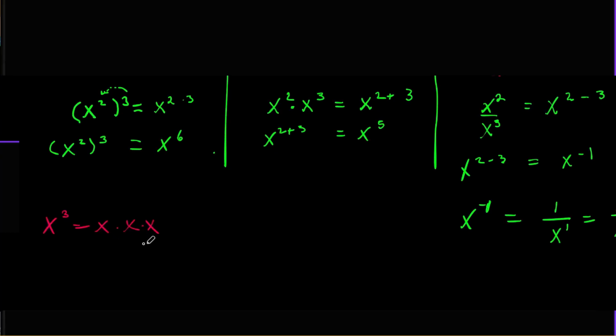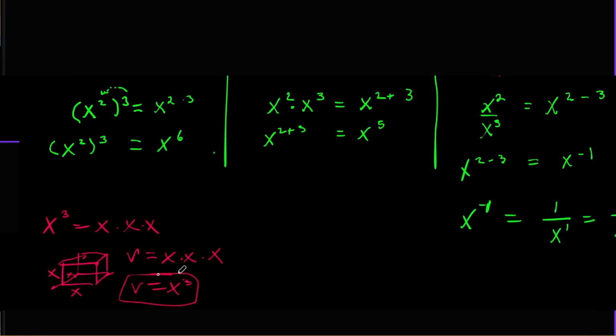It's the same thing when we're talking about exponents, all with the same side lengths, going to be equal to x times x times x. Volume is equal to x cubed. I just like to provide an example with something that you're familiar with on a daily basis so that you can understand this idea.